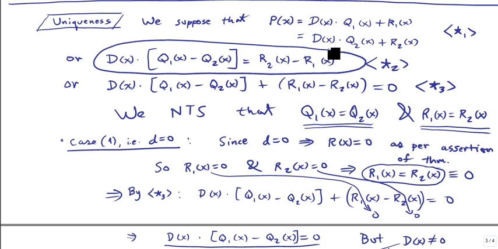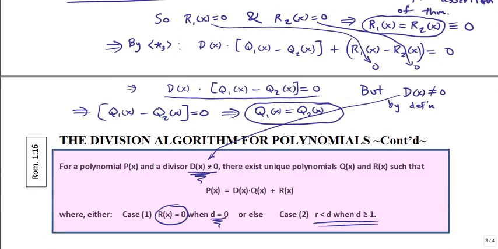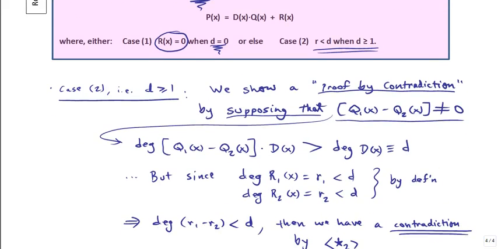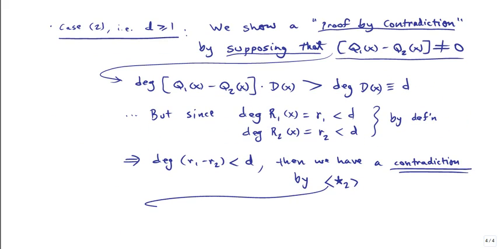Okay, star 2 said the following: we have q1 of x minus q2 of x times the divisor polynomial is equal to r2 of x minus r1 of x.